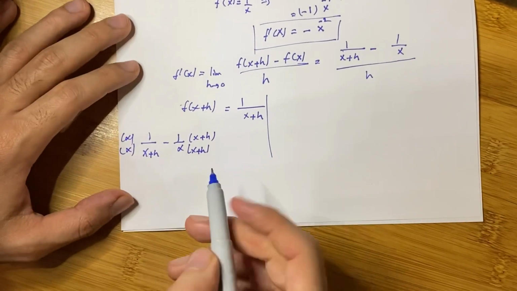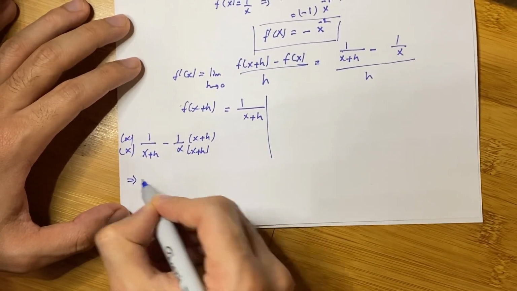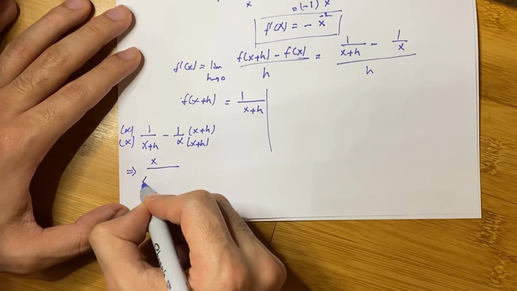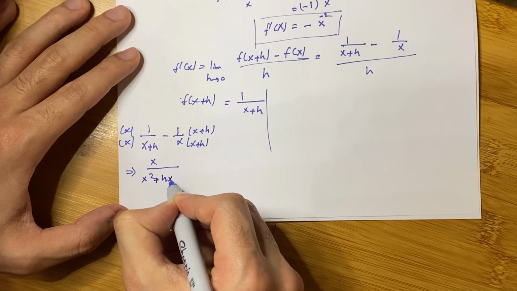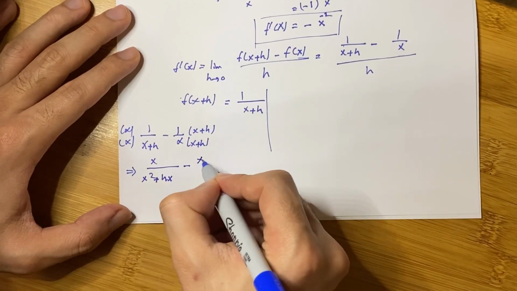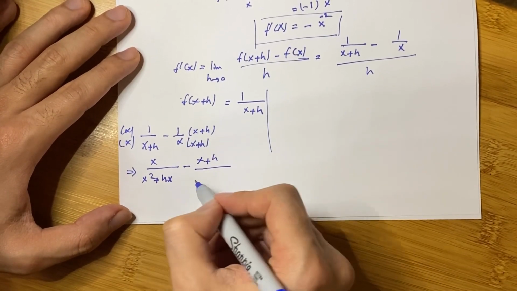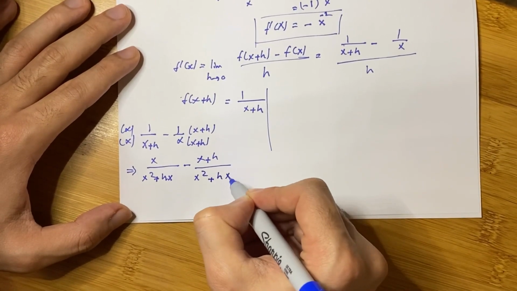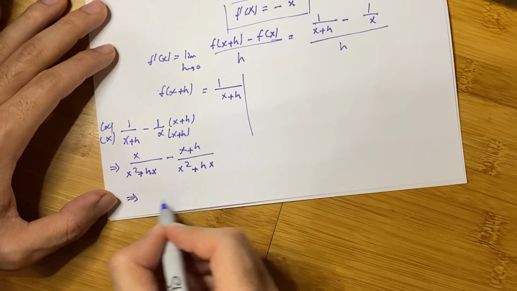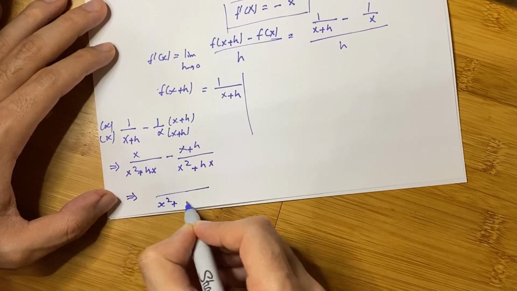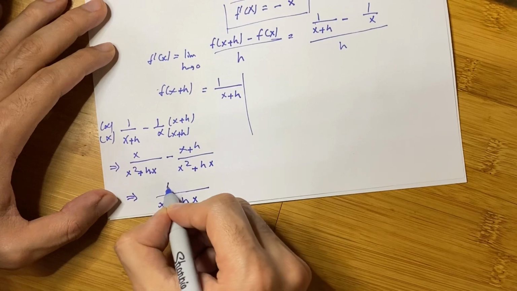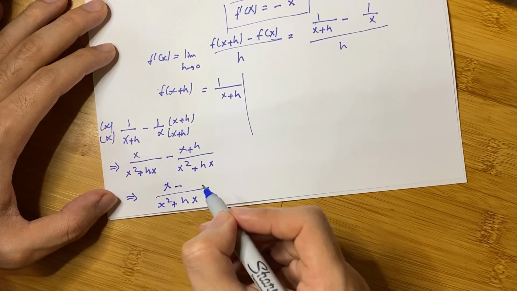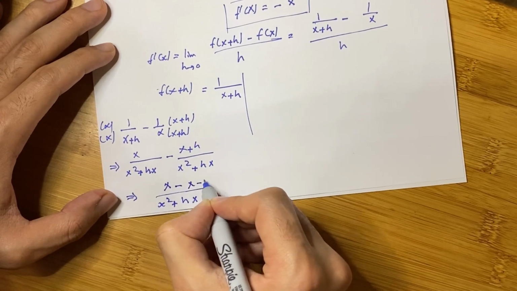Okay, that will be x, then x squared plus hx, and this term will be x plus h, and then x squared plus hx. So this term will be x squared plus hx, and then x minus x minus h.